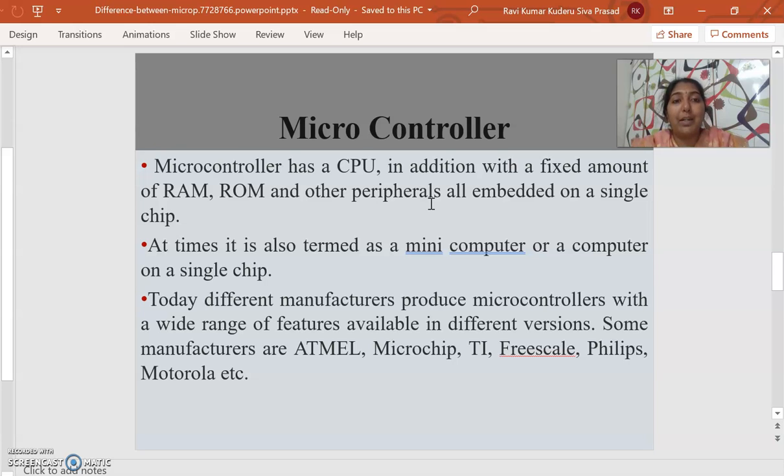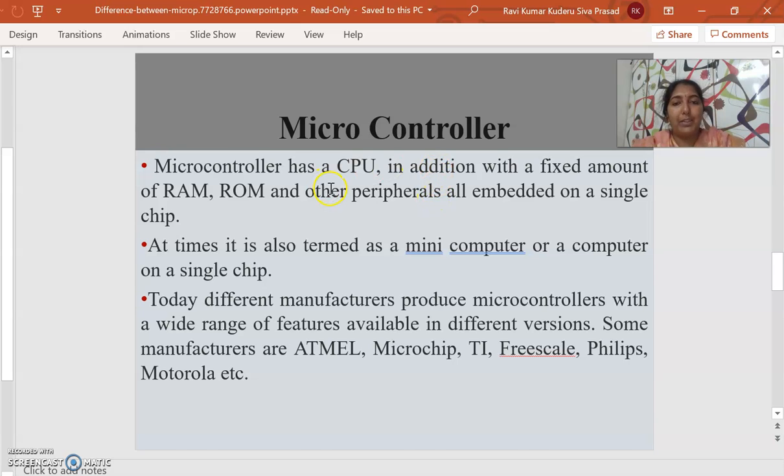Mainly we are concentrating on the controlling of the devices. But coming to microprocessors, the term itself tells that those components are used mainly for calculations. Here the microcontrollers are mainly used for controlling the components.